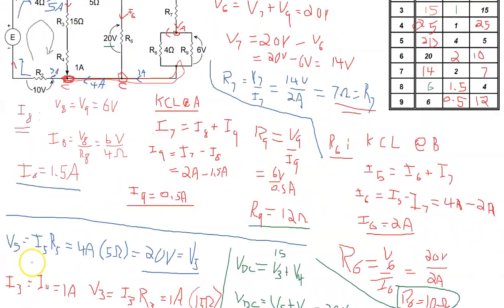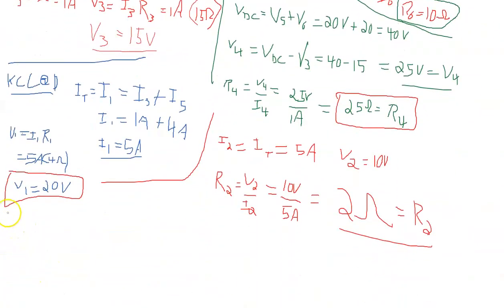And so let's go down here now and say that E is the last calculation that we want. And when we go around that loop, E is equal to V1 plus, in the order that you're given, V3 plus V4 plus V2. And so V1, 20 volts, right above this calculation here. V2 was given 10 volts.